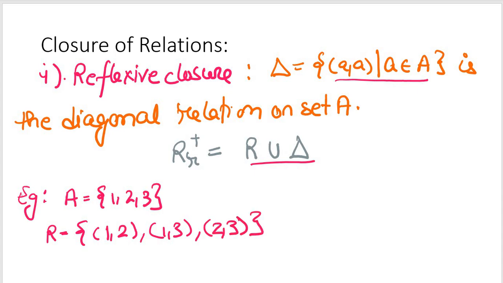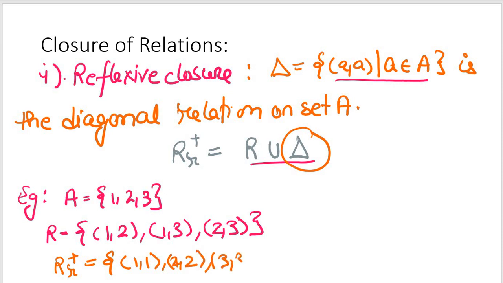In order to identify the reflexive closure, my R plus, which is the reflexive closure, will be, first of all, I'll add (1, 1), (2, 2), (3, 3), and then I'll add (1, 2), which is your R, (1, 3), and (2, 3). This becomes my reflexive closure.